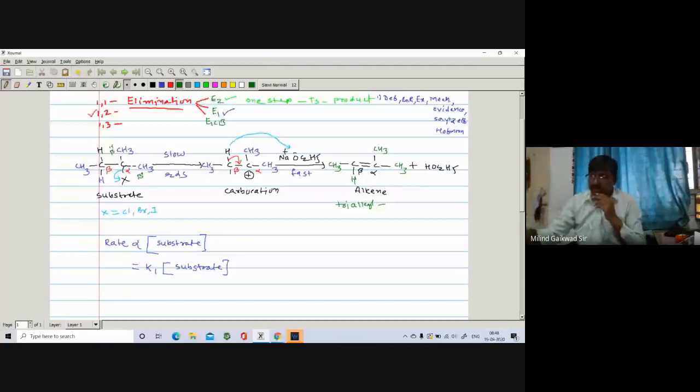In this case we have seen in the mechanism that there is a formation of a trialkyl alkene. We have three types of beta: beta, beta dash, and beta double dash, right?